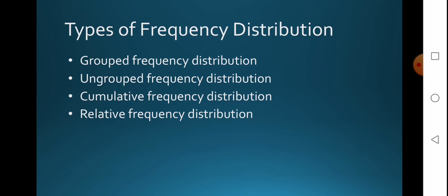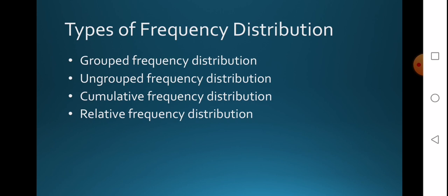Next is ungrouped frequency distribution, an arrangement of the observed values in ascending order. The ungrouped frequency distribution are those data which are not arranged in groups. They are known as individual series. And next is the cumulative frequency distribution, or CFD.